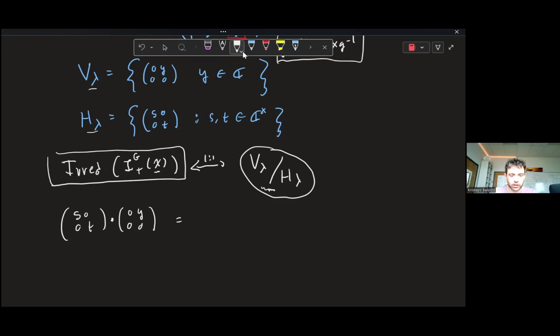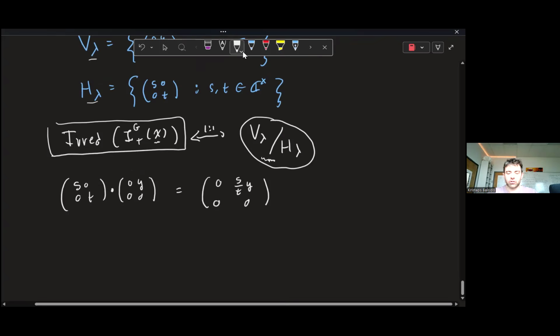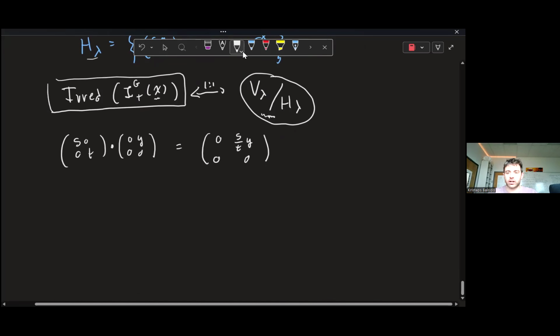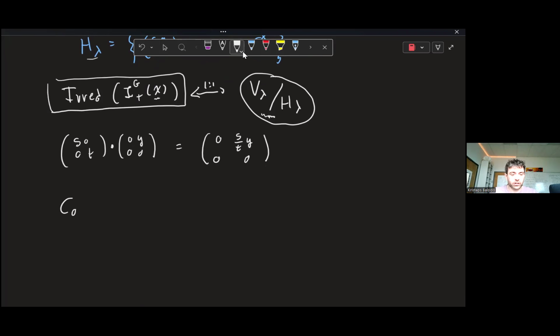Well, once you conjugate, you end up getting that you multiply by S and divide by T. And so in this particular case, I claim that we would have two orbits. If y is 0, so I'll call C0 the first orbit, multiplying it by S over T will have no effect. It will simply remain the 0 matrix. That's a singleton orbit.